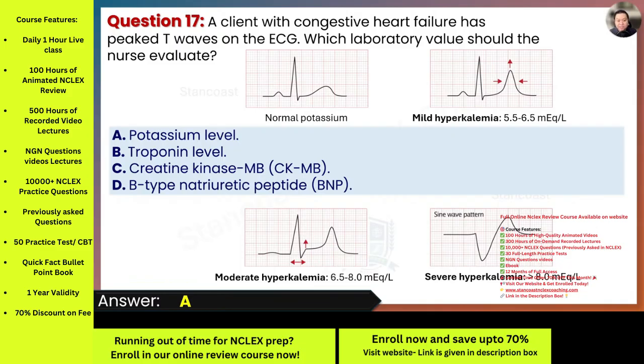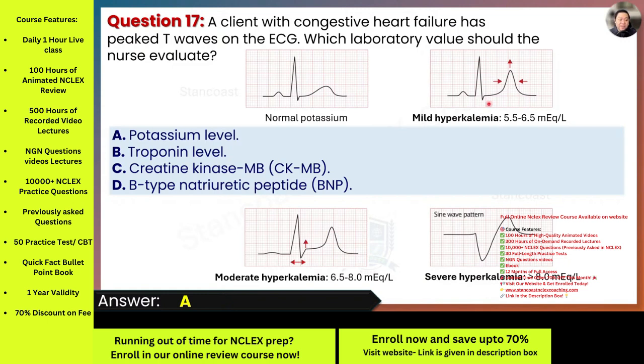And so, the nursing action here, especially if you have, let's say, mild hyperkalemia, you're going to have to review, of course, when you have these T waves. Again, in our case, it said something about evaluating the laboratory value of the potassium, right?